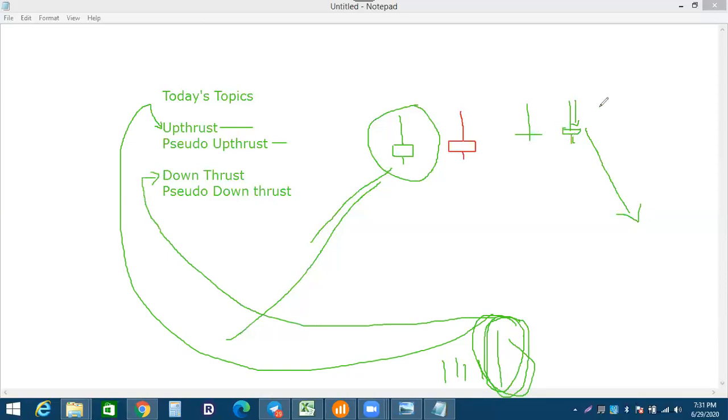So if we inverse the pattern into the opposite shape, understand that it will be red color, not green color.